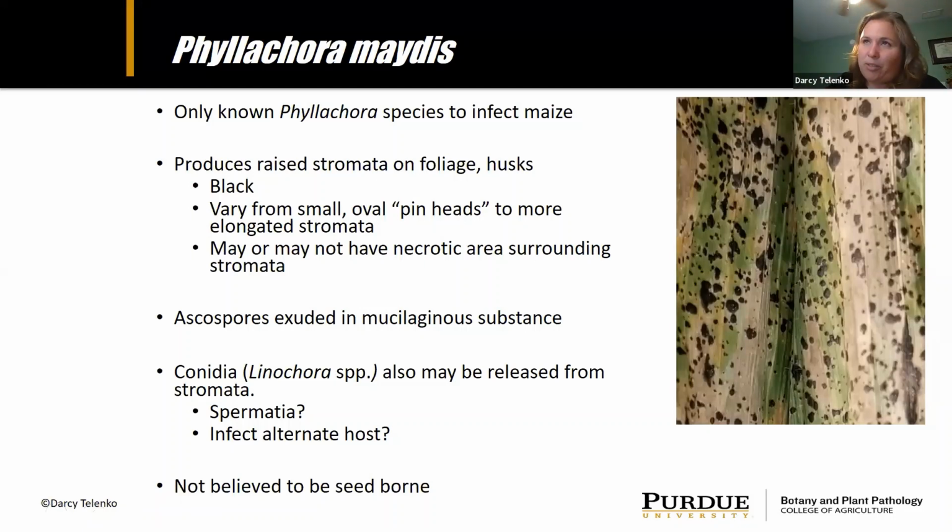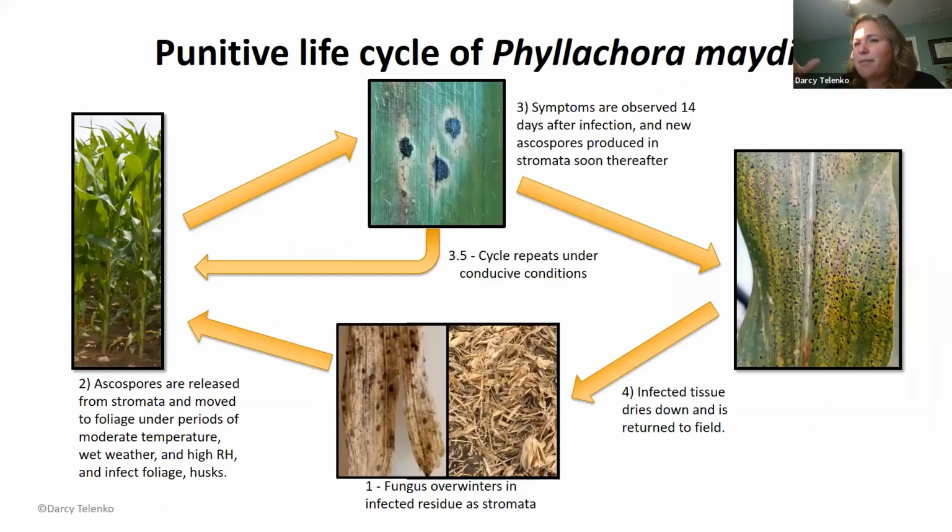There's been very little work done, and no work done here in the United States until this last couple of years. So the life cycle of the pathogen, we did prove that it is overwintering here in the residue. During conducive conditions, the ascospores are released and move up into the foliage.